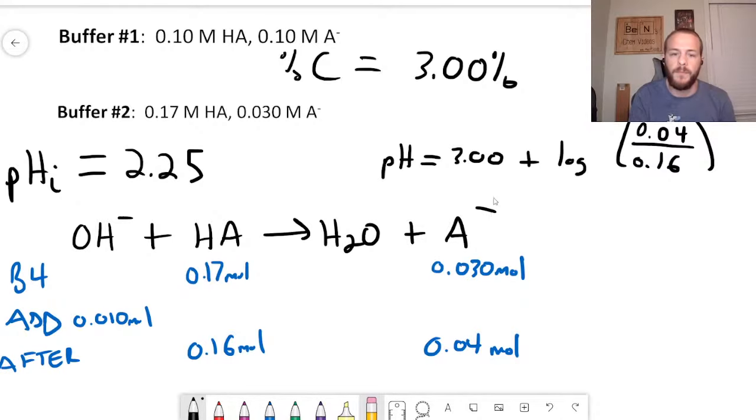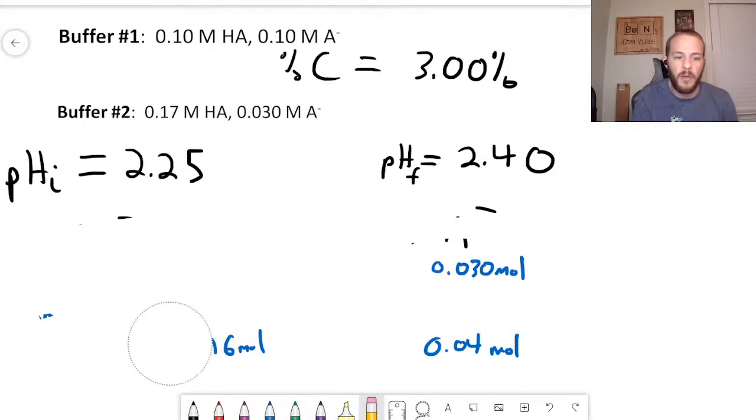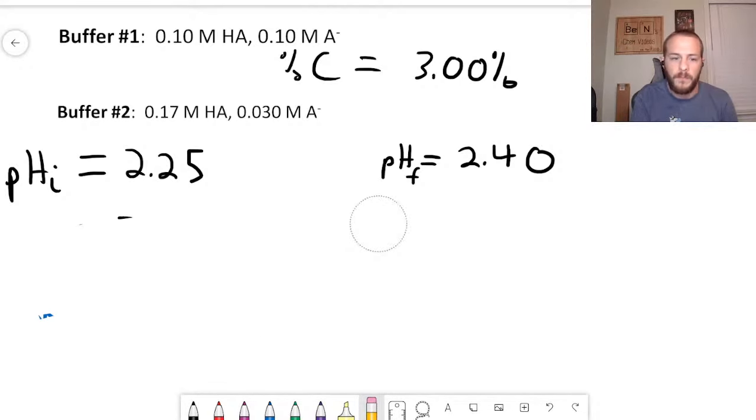Well, I got a final pH sub F of, I'm going to erase this to give myself more room, the value that I got was 2.40, right? So we have our initial pH, we have our final pH. Now we can calculate the percent change associated with buffer number 2.